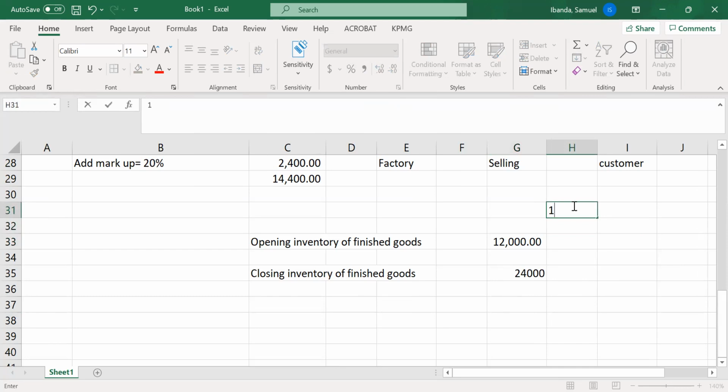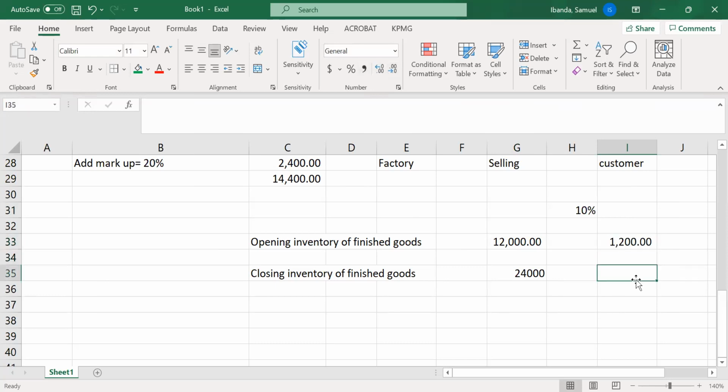So if we are working at a markup of 10%, and this is the cost of finished goods, our markup on these goods would be 10% times the 12,000. So 10% of this is that.